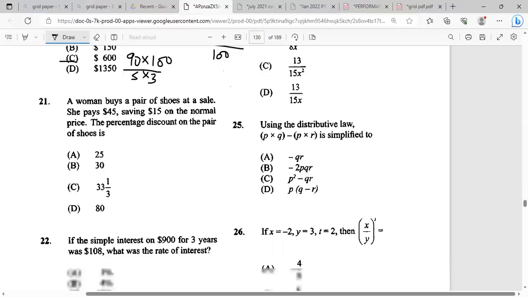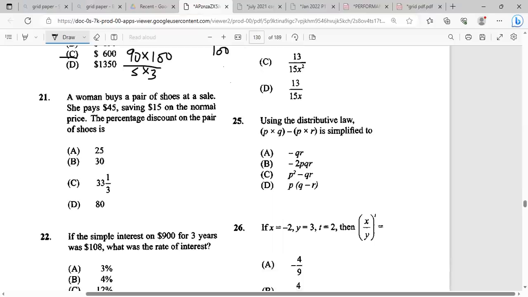A woman buys a pair of shoes at a sale. She pays $45, saving $15 on the normal price. The percentage on the pair of shoes is, all right, so back up. That means that the original price was 45 plus 15.